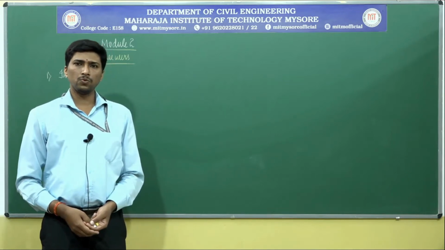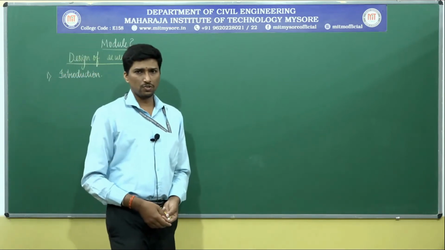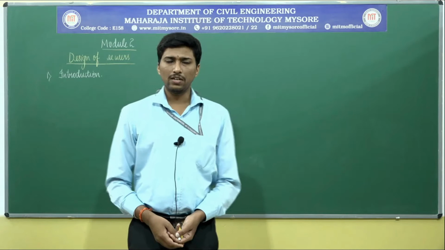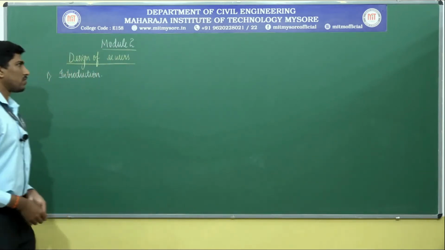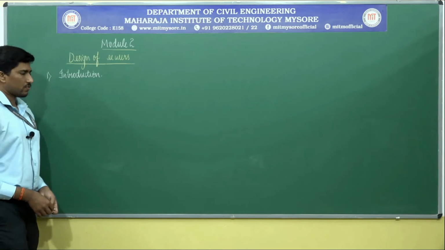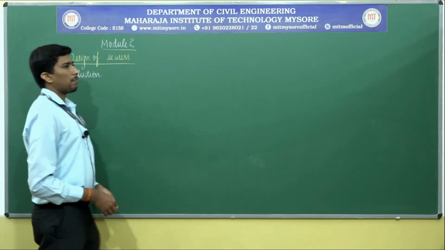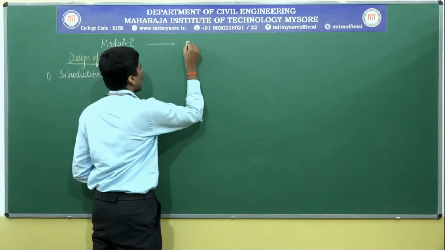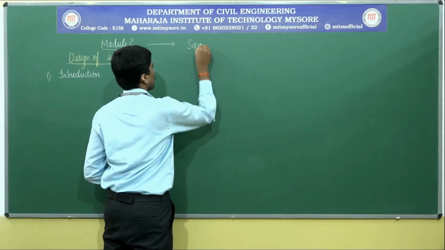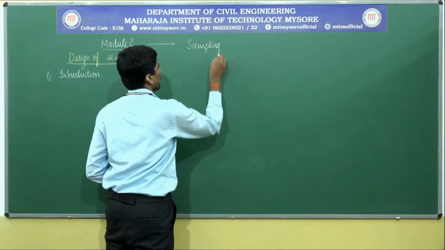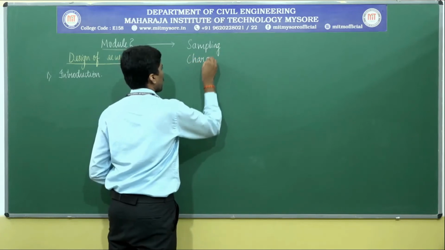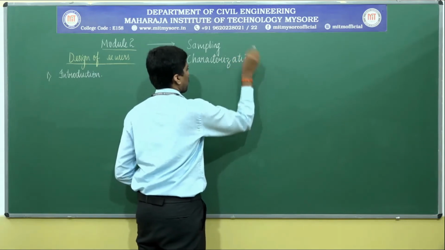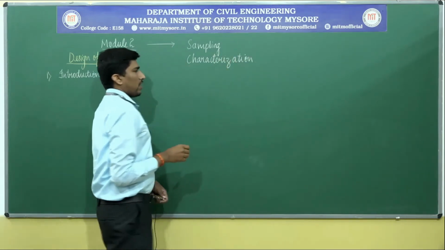Whereas, in module number 2, there are two critical categorizations. The first part of module 2 mainly deals with the designing of sewers. Whereas the other part of module 2 relates to sampling and characterization.